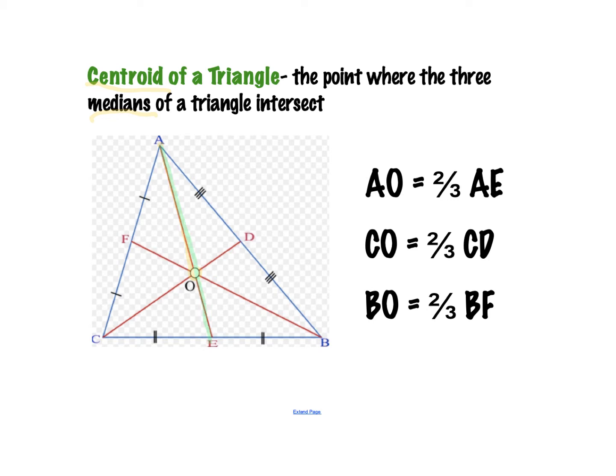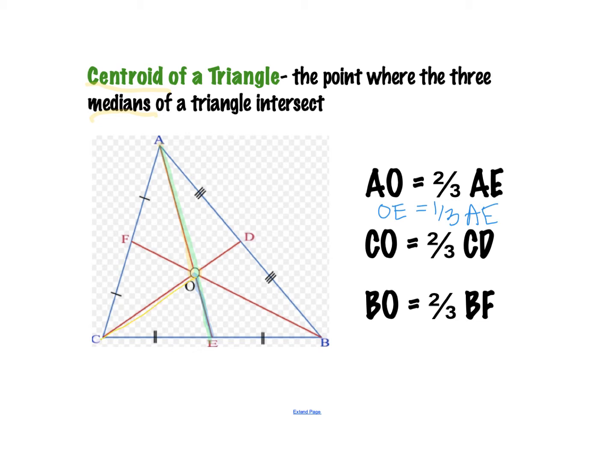And by extension, that also would mean that the length from the centroid to the midpoint of the opposite side, in this case OE, would be 1/3 of the whole median AE. So once again, let's just go through each one.